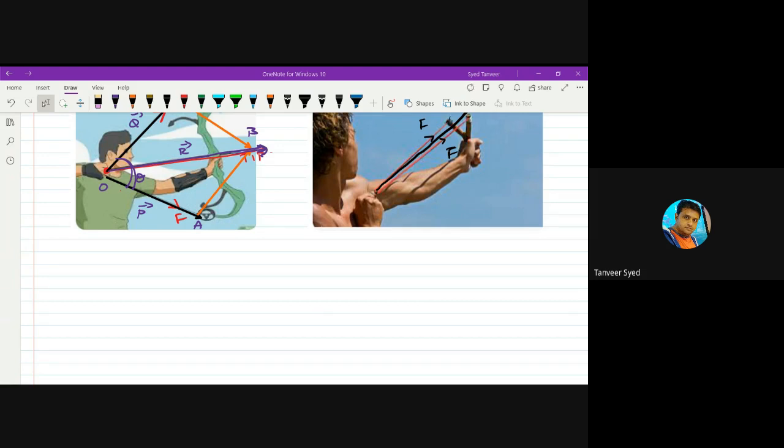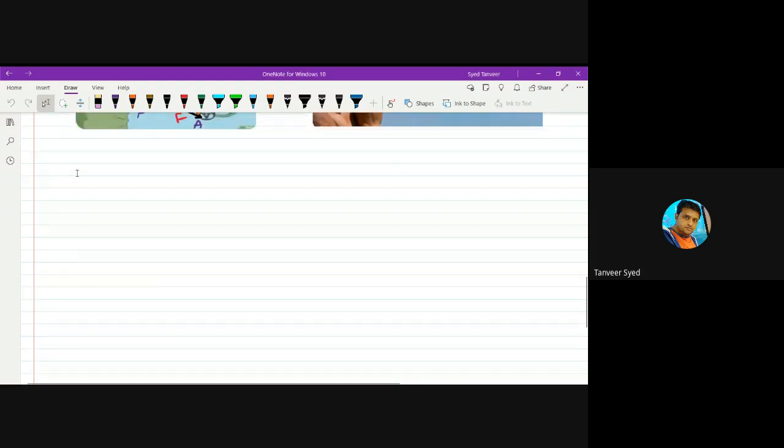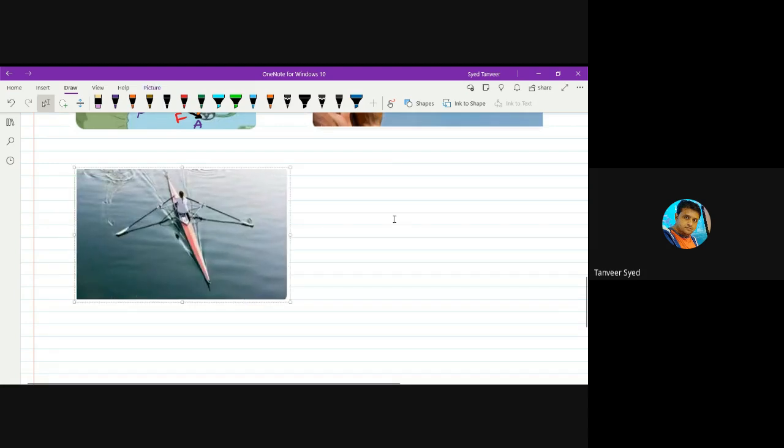Two paddles on two sides, and you row the boat with them like this. These two things at the side are called paddles.